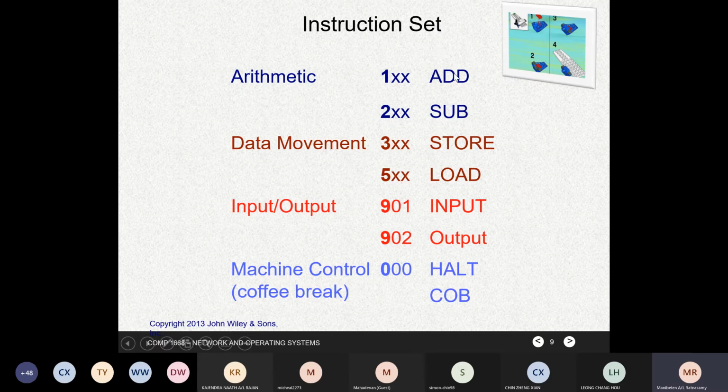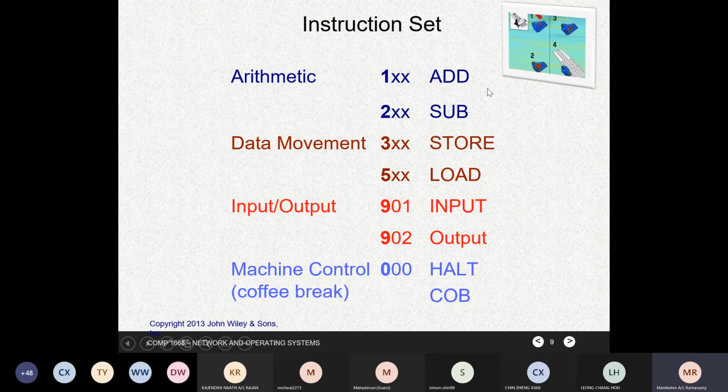Add means to add numbers, to add value. Subtract means to minus. Store means to save. Load means to upload or download. Input, output, I think you guys understand very clearly. And then to stop, halt, and then break. This is what we call mnemonic.